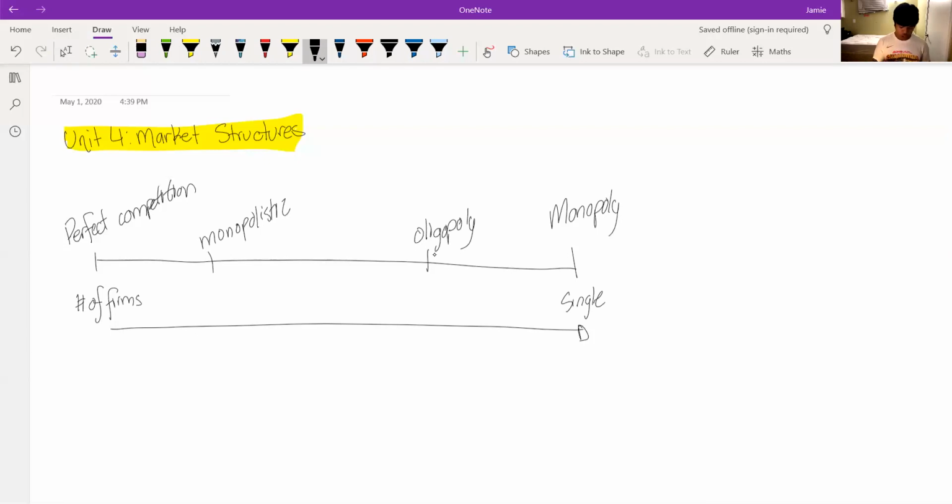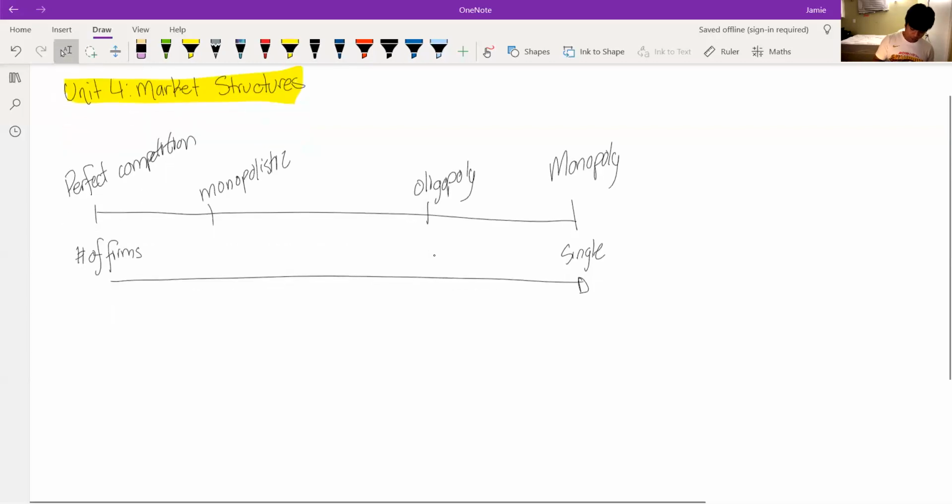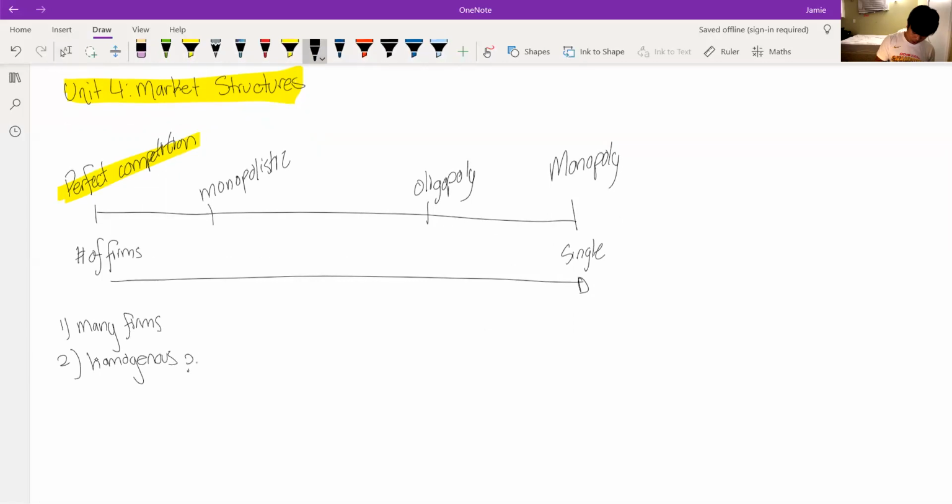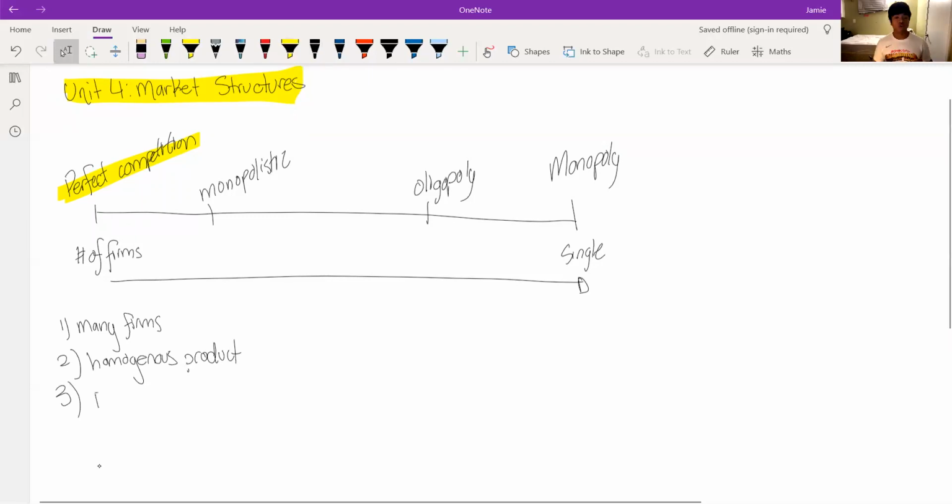Okay, so first off, we're going to start with perfect competition. That is simply a market structure. So why don't I start here? Identical product. Each firm is said to be a price taker. So what I'm outlining right now are assumptions of the model to make us better understand how things work in such a structure.